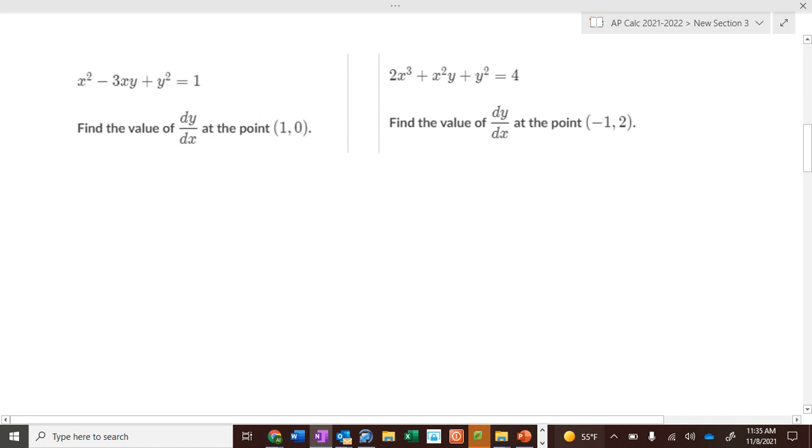That's where we're finding the slope. Okay. So this one. So if we want to find the slope of this function, 2x minus 3x dy/dx minus 3y.